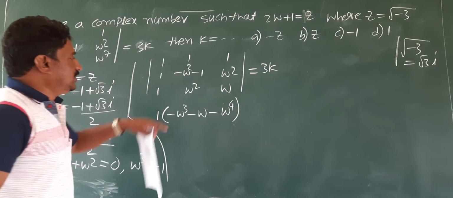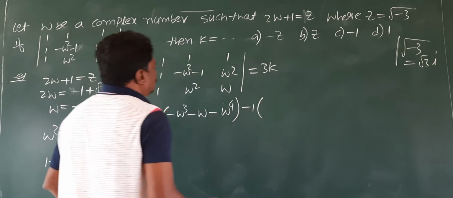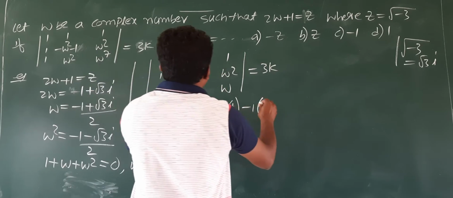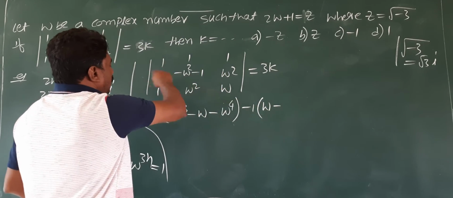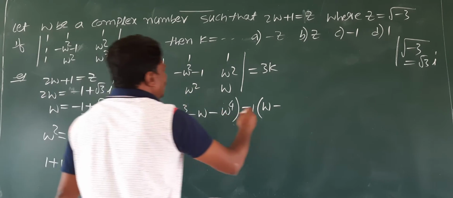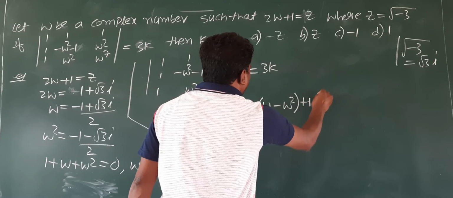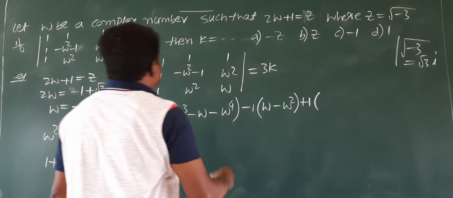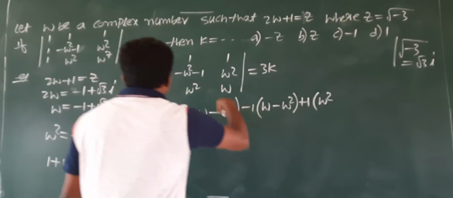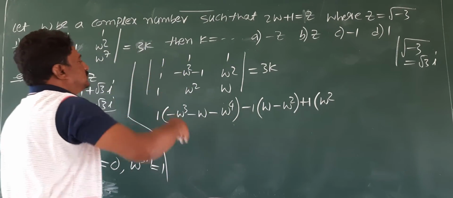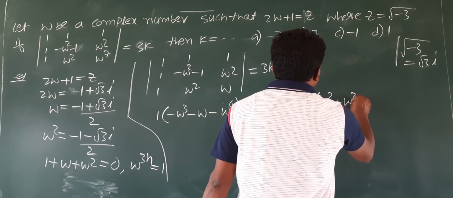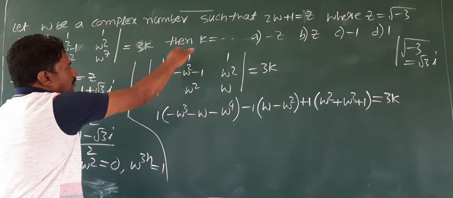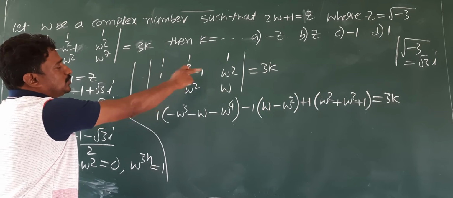So 1 into minus 1 into, column row, 1 into omega minus 1 into omega minus omega square, plus 1 into, column row, omega square, minus of minus plus, omega square plus 1, is equal to 3k.